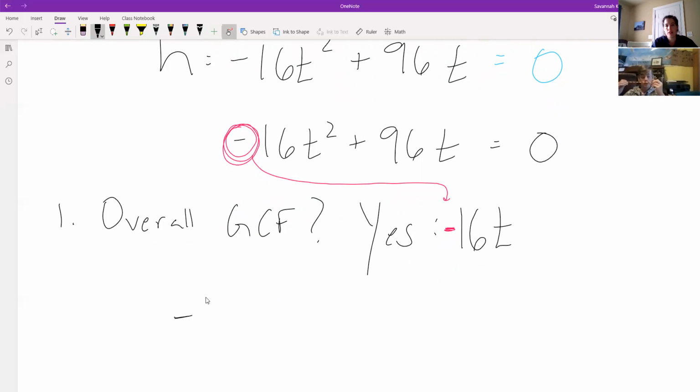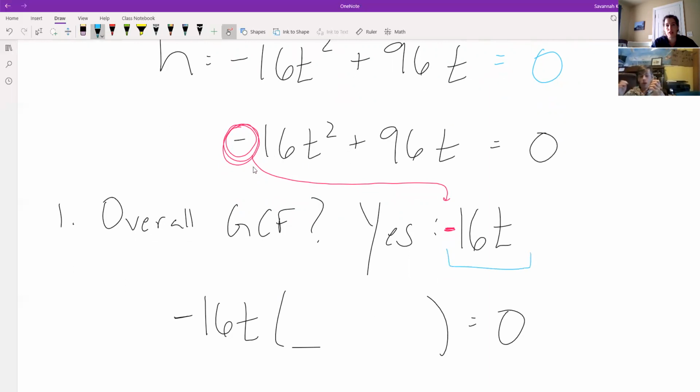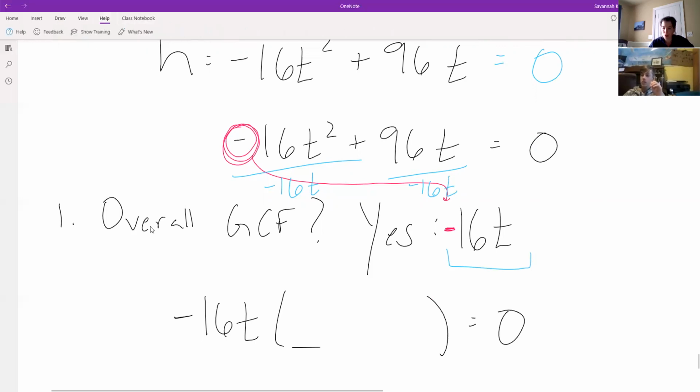So for us, if we divide out a negative 16t, very carefully here, so this is our GCF. If I'm dividing out, so I can watch the canceling, that is going to leave me with a t.